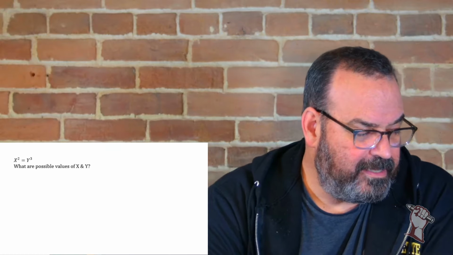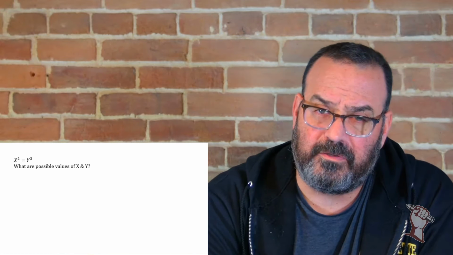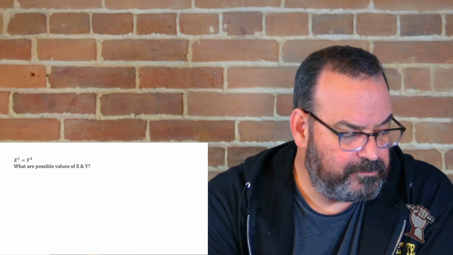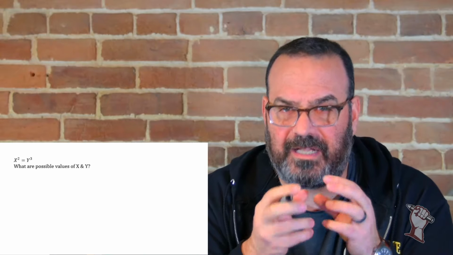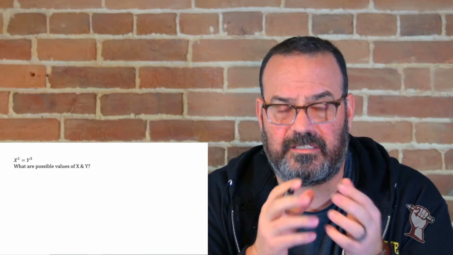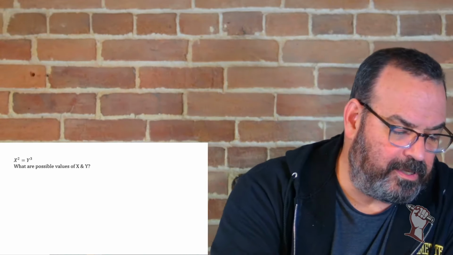Here's one of my favorite fun questions. If x squared is equal to y cubed, what are some possible values of x and y? This is where you need to learn to play the game of plugging in some numbers. What can I plug in?